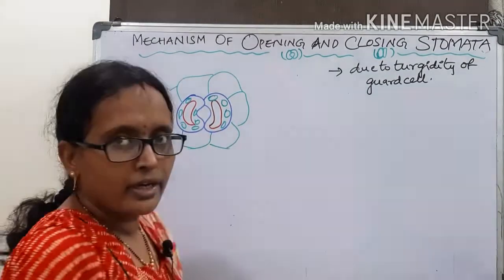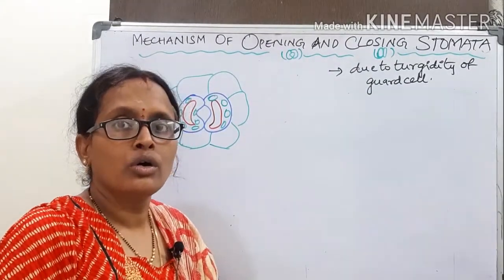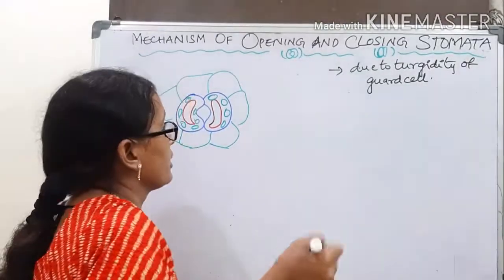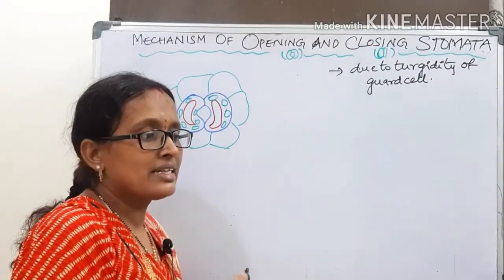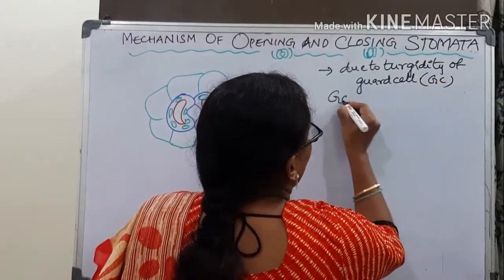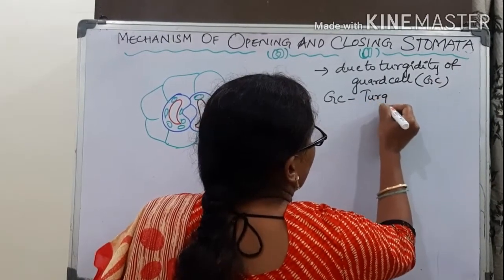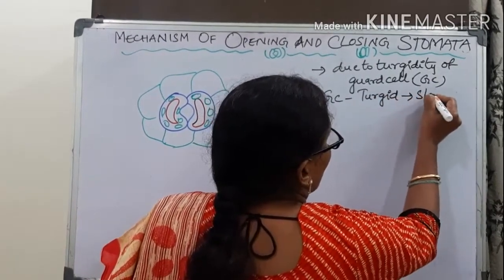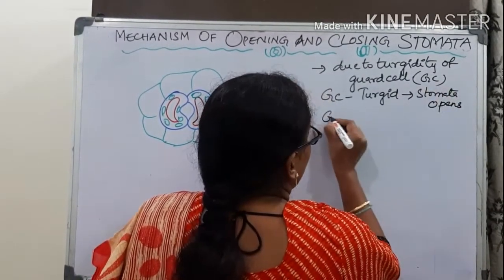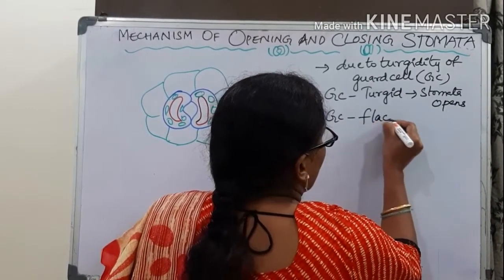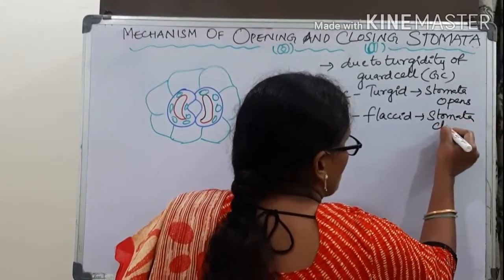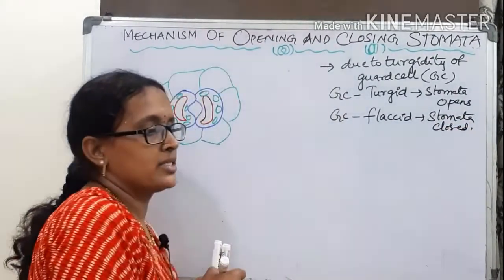These are the only epidermal cells which have chloroplasts. Okay, guard cell, GC: when it is turgid, the stomata opens, and when the guard cell is flaccid, the stomata closes. So how does it happen?